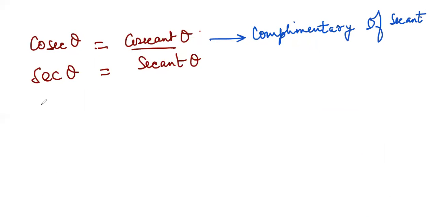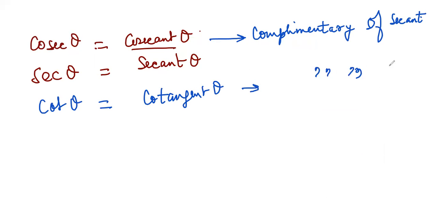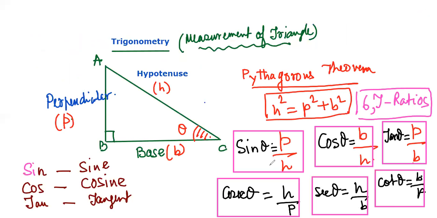Similarly, you have got cot, so now I think you understand children, it is basically cotangent, or in other words we can write complementary of tangent. So these are the 6 trigonometric ratios, that is sine, cos, tan, cosec, sec, and cot. I hope I'm clear to everybody.